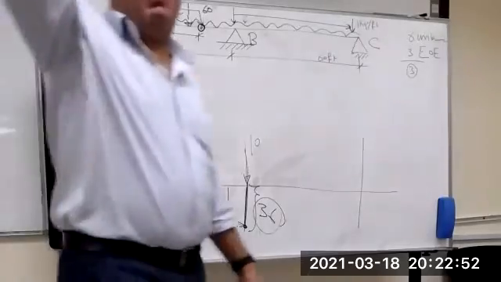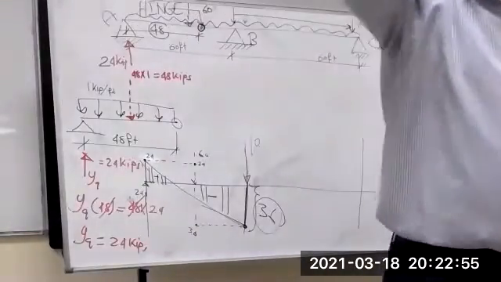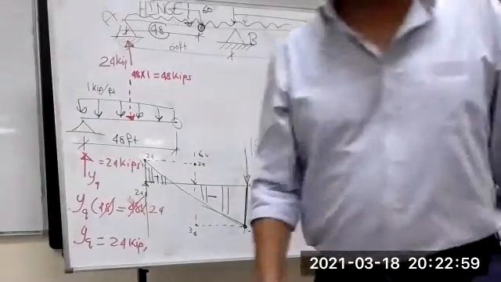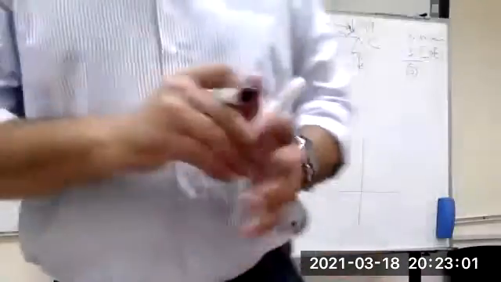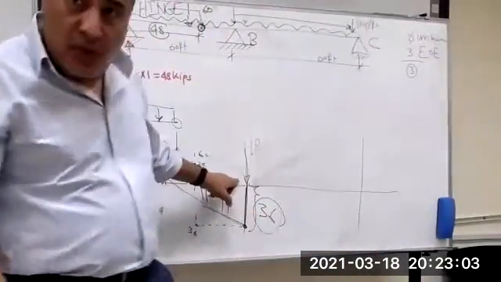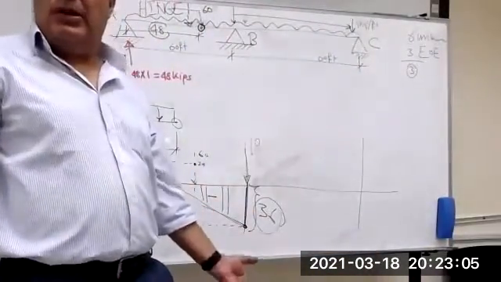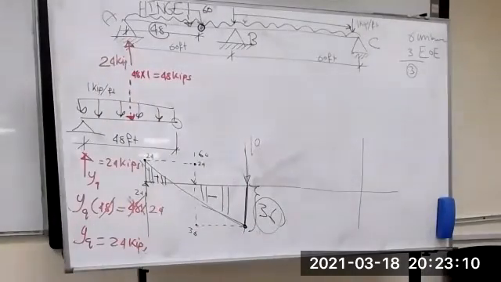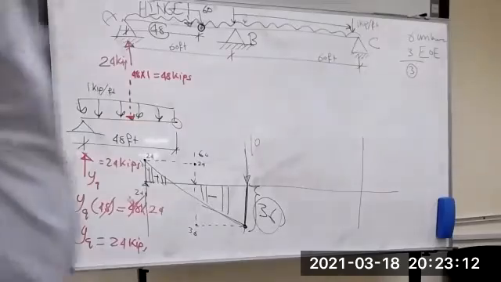You remember number 10? What is the maximum shear equal to? It is 36 from this point to this point, correct or not? It's not 46, it's 36.